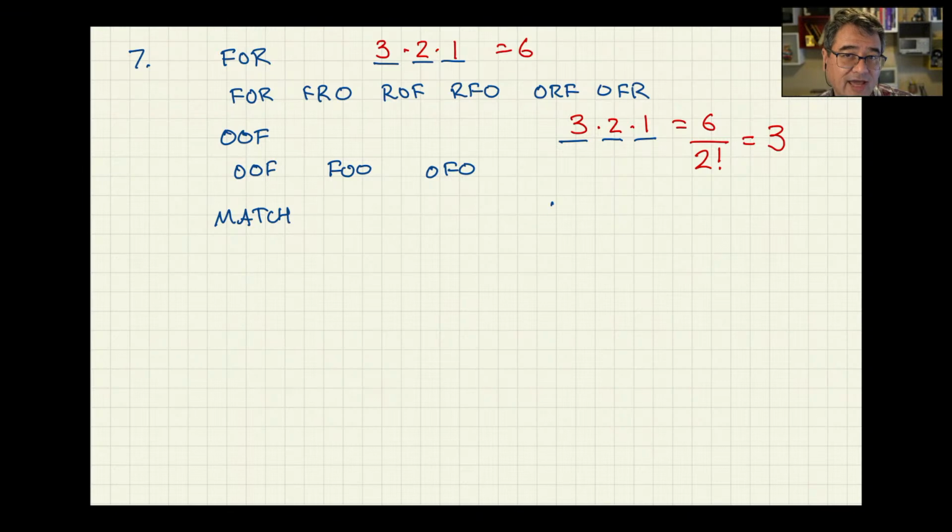So for the word match, there are 5 positions to fill in. We can put one of 5 letters in the first, one of 4 letters in the second, one of 3 in the third, and then 2, and then 1.